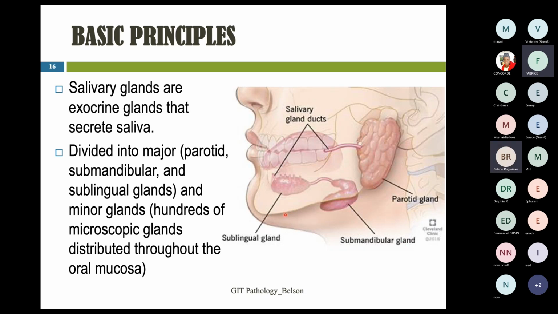So as students, remember that the one closer to the oral cavity is always mucus, and the one far from the oral cavity is serous. That's how to remember anytime if you are asked. A salivary gland far from the oral cavity is serous, close to the oral cavity is mucus, and the middle one is mixed.